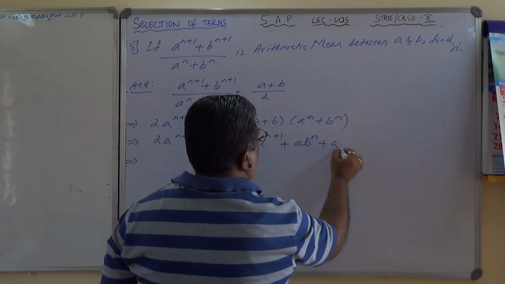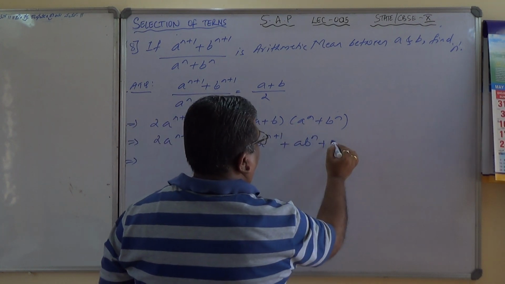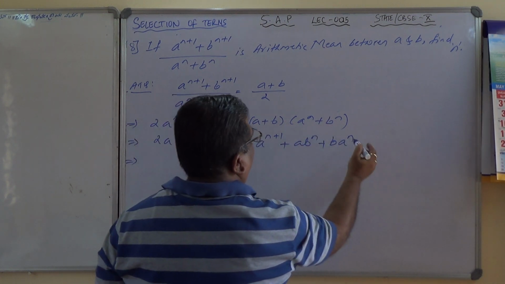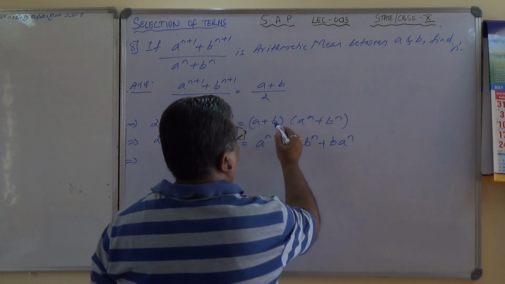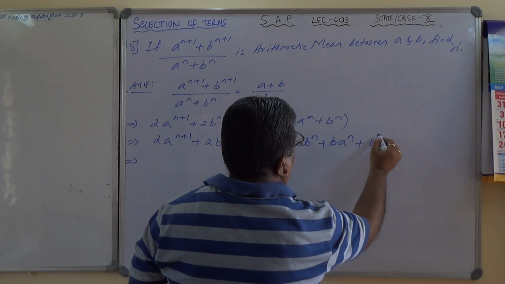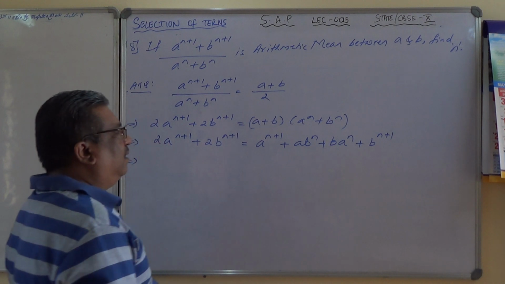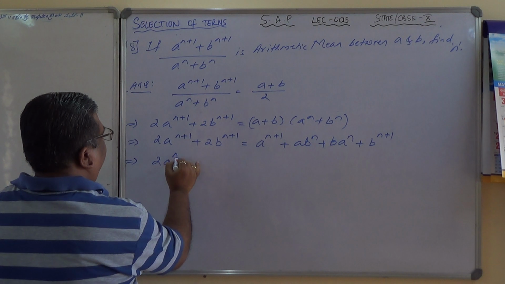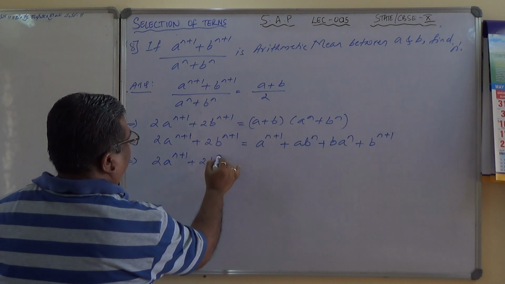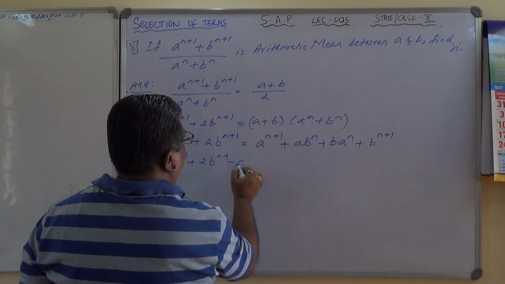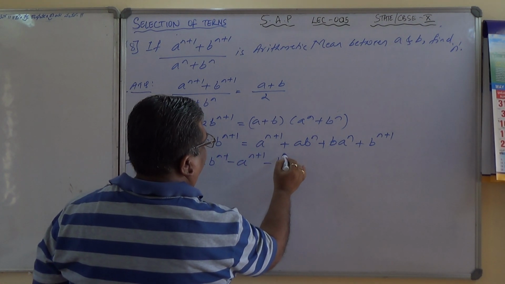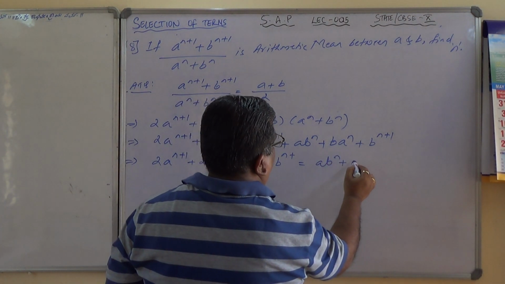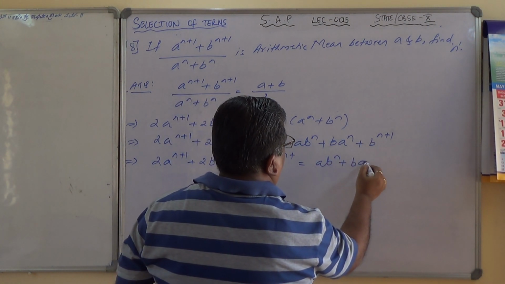plus b into a to the power n, b into a to the power n, and b into b to the power n plus 1. Yes, okay. This is how we are getting now. So 2a to the power n plus 1 plus 2b to the power n plus 1 minus a to the power n plus 1 minus b to the power n plus 1 equals a b to the power n plus b a to the power n.